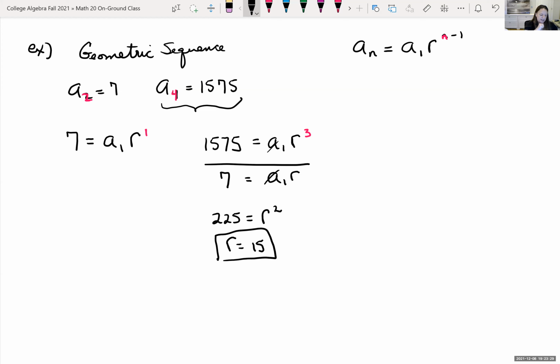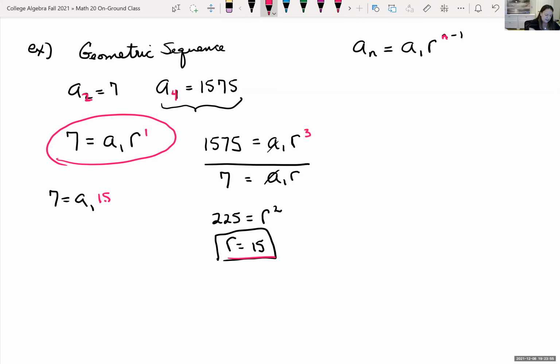If r is 15, now we want to figure out what is a sub 1. And so go back to one of your equations and let's plug in what r is and figure out what a sub 1 is. So if we plug r in here, we have 7 is equal to our first term times r, which we found was 15.